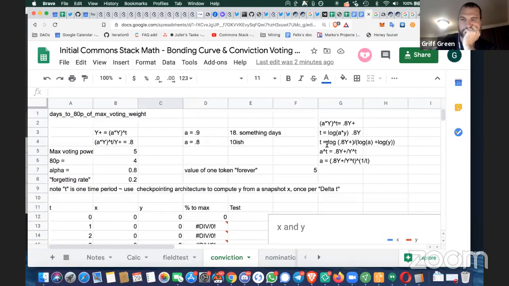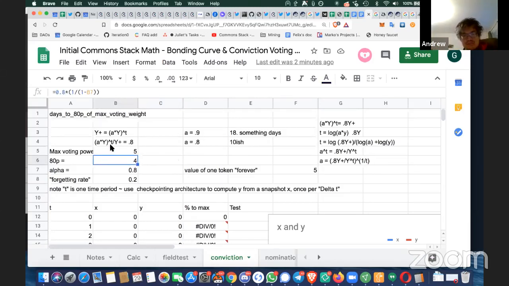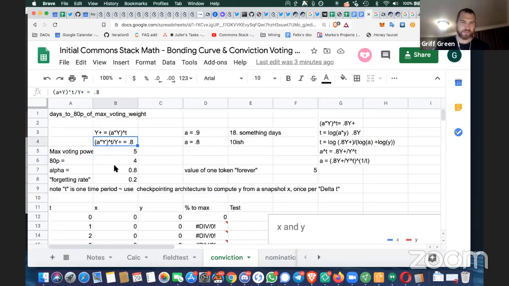How do we test this? Really what we want to say is, solve for alpha if we have t. So if they say t is 10, the alpha should be 0.8. I think something's wrong with this.